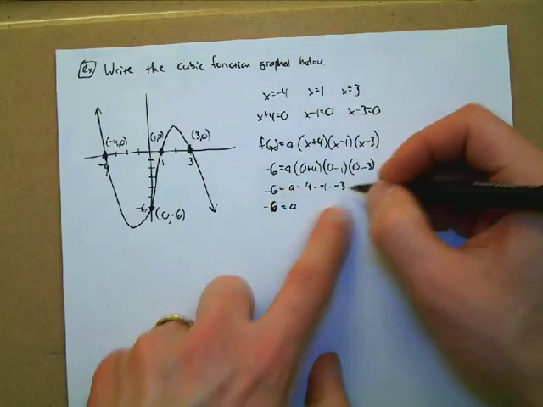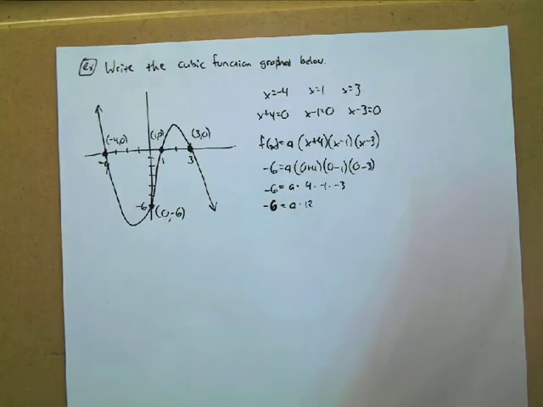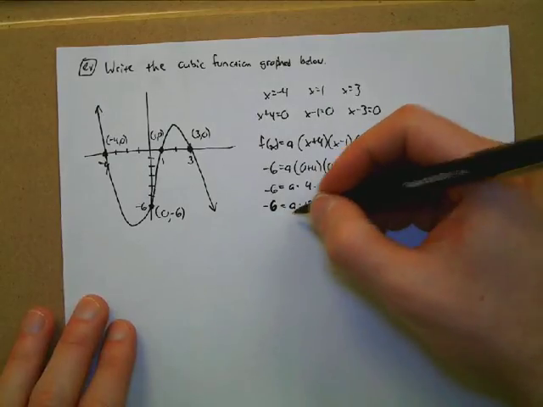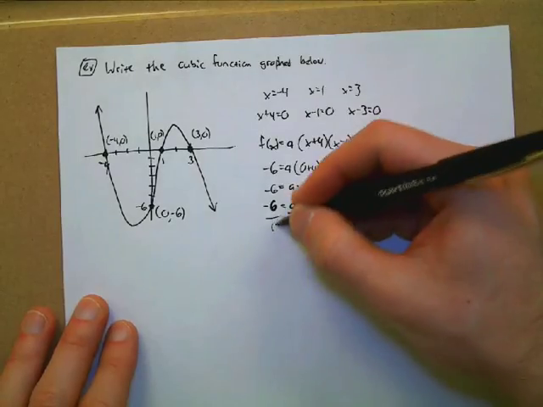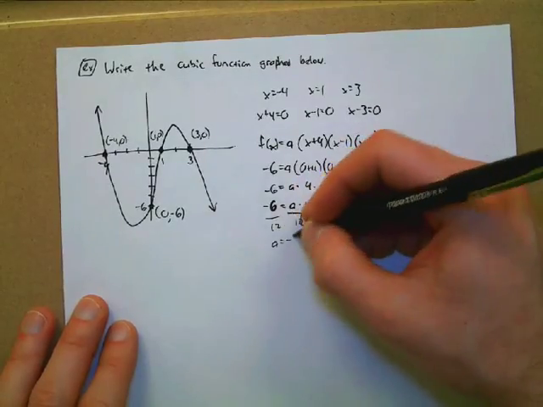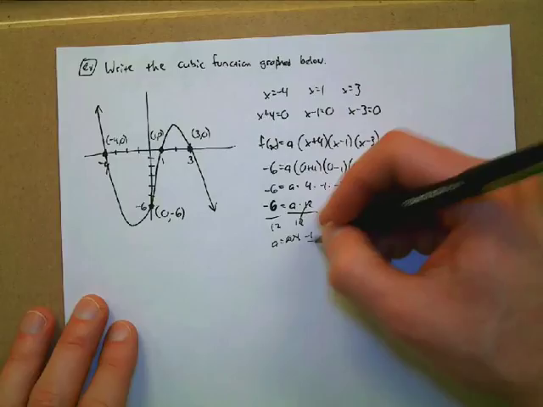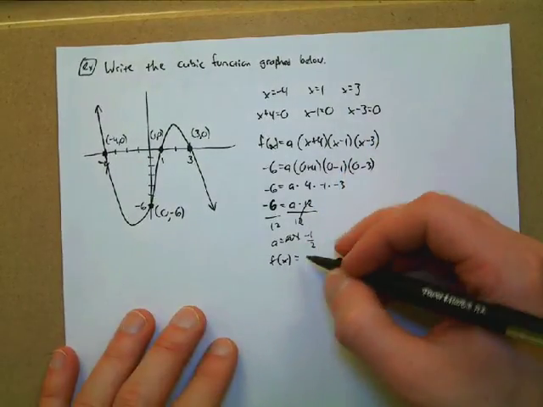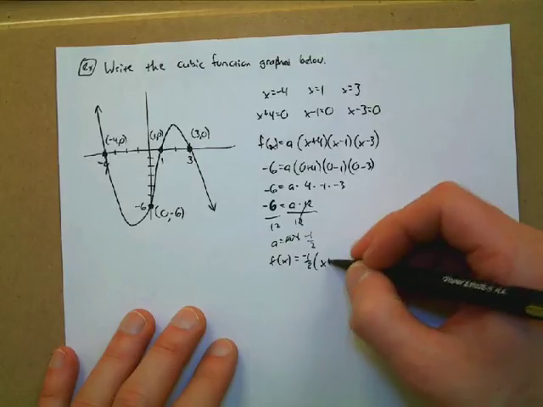And on this one, I'm not going to make you guys multiply it out. You can just leave it factored. But negative 1/2 times x plus 4 times x minus 1 times x minus 3. So there's the cubic function for that specific graph right there. In this case, we weren't told to assume the lead coefficient was 1, but we could come up with it using that fourth point.